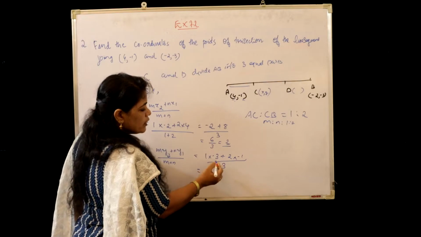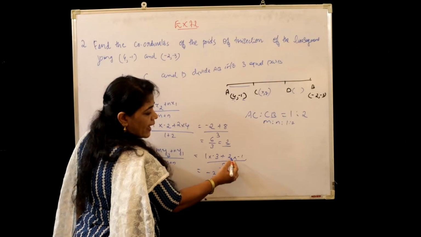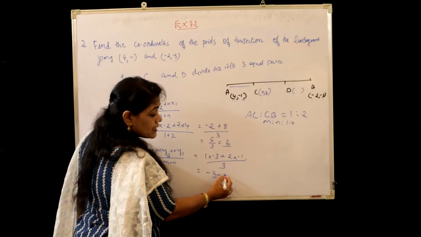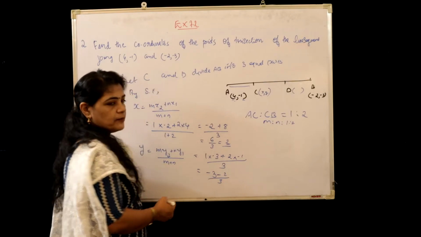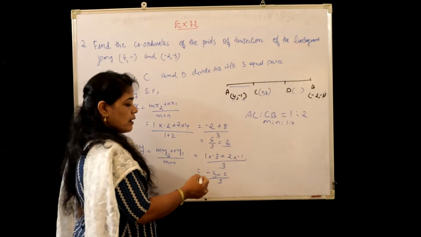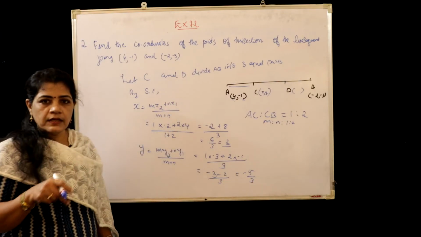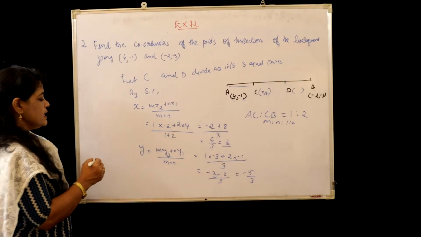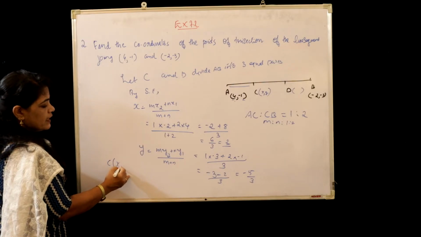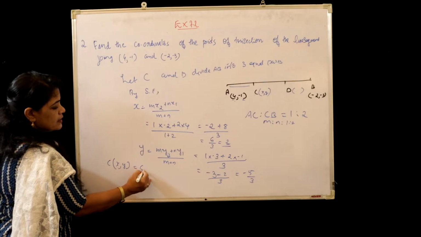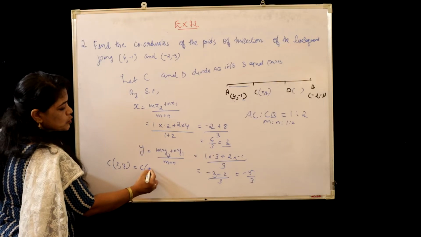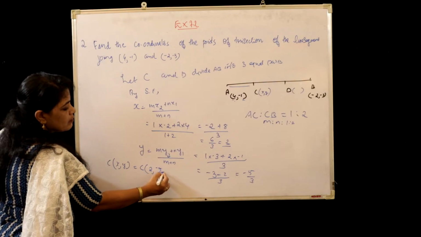So 1 into minus 3 plus 2 into minus 1 is minus 2, divided by 3. Minus 3 minus 2 is minus 5 by 3. That means the coordinates of C are 2 and minus 5 by 3.